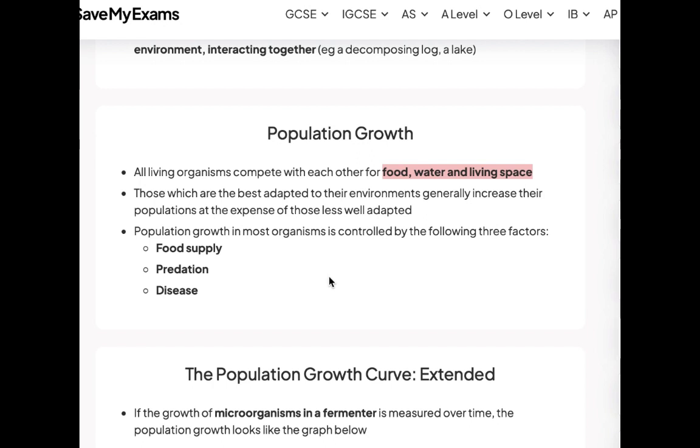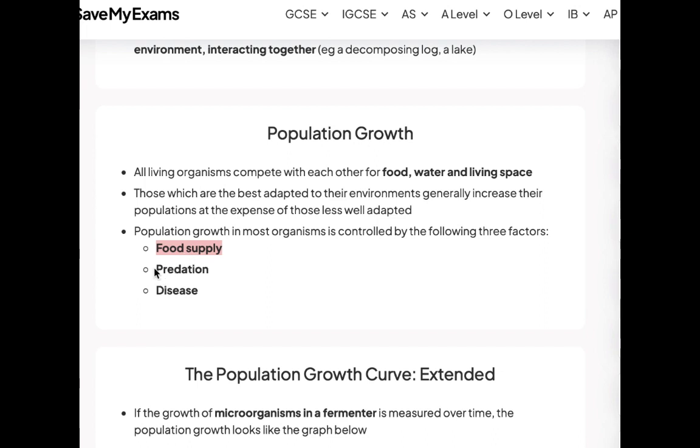Whereas a community is different species of different organisms all living in the same ecosystem. Now, population growth in most organisms is controlled by three factors: the food supply, predation, and disease outbreak. If there is a lot of food supply, there is a chance that the population of the organism in that environment will tremendously increase.